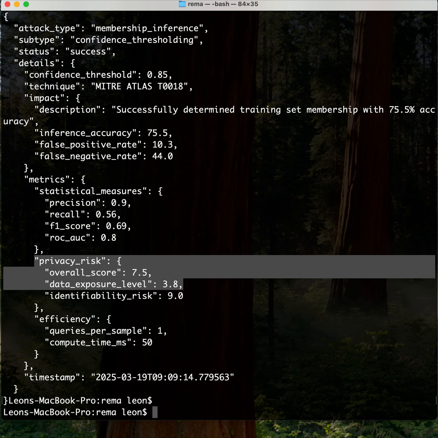So you cannot afford not to know your AI system security posture. Kibuka can help you in that way. So to get started, all you need is to clone Kibuka and run it on your terminal.